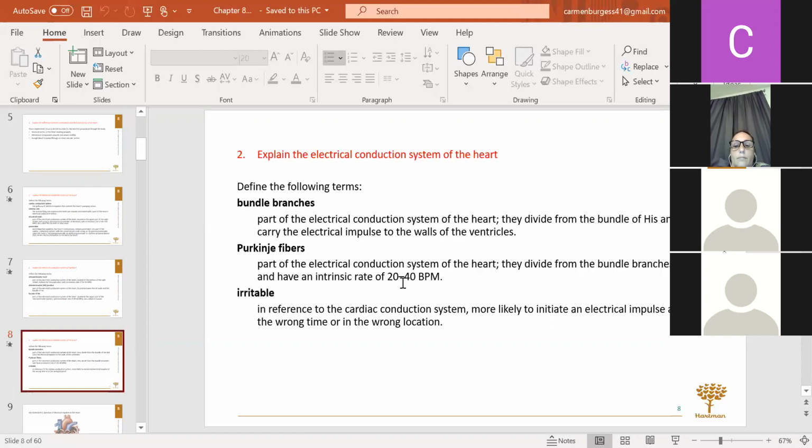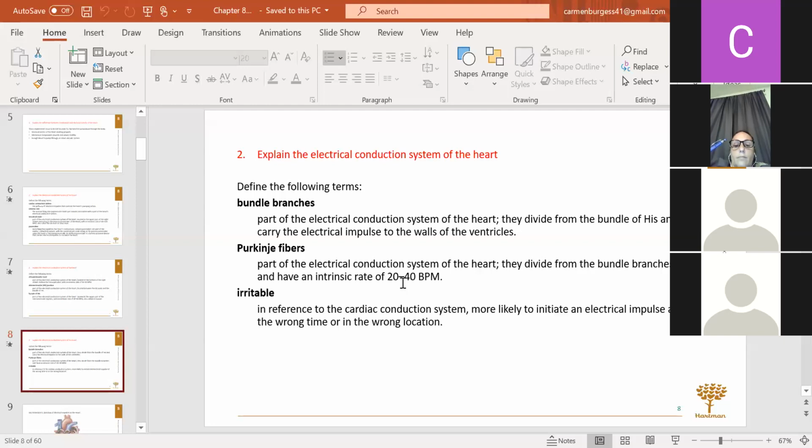By regular, I mean it's not all over the place, but it's only 20 beats per minute. So you should automatically be able to say that pulse is being generated at the Purkinje fibers, which are in the bottom of the ventricles, and that's it.